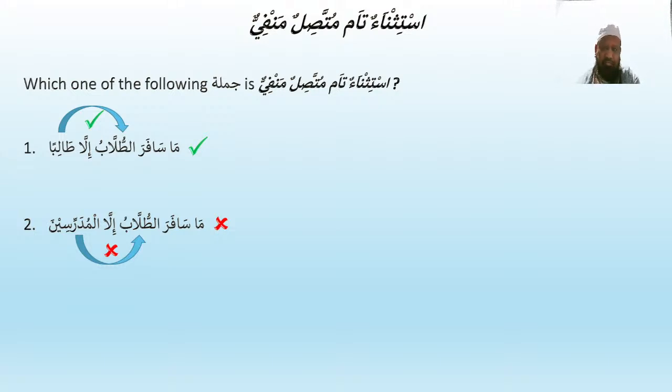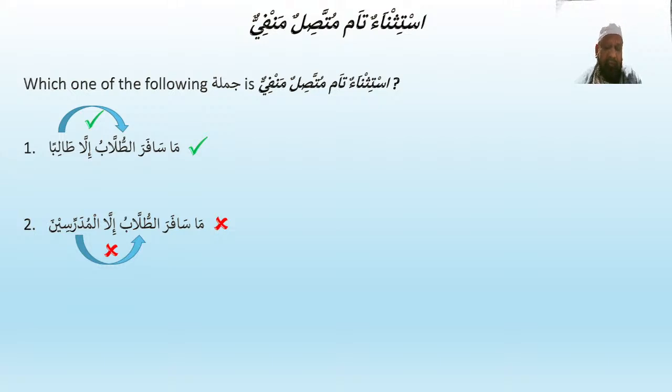Up to here, the jumla is perfect. But I want to exclude something from kutuba. I bring illa. As soon as illa comes, al-kutuba becomes mustasna minhu. What do I want to exclude? I need to bring an ism after illa.